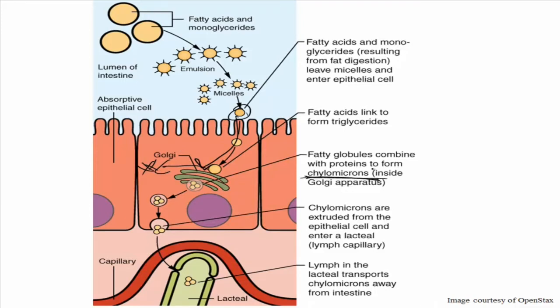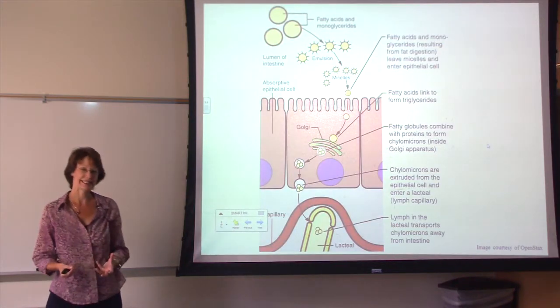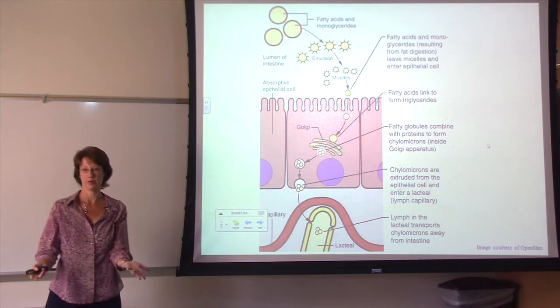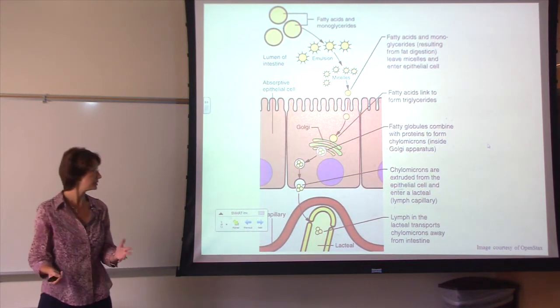Chylomicrons can then exit from the basement of the simple columnar epithelium. They're too small to get into the capillaries of the bloodstream where the sugars and the amino acids get. So they're big enough that they end up mostly in lacteals, because the lacteals have flaps that will open and allow the larger fat molecules to get in.